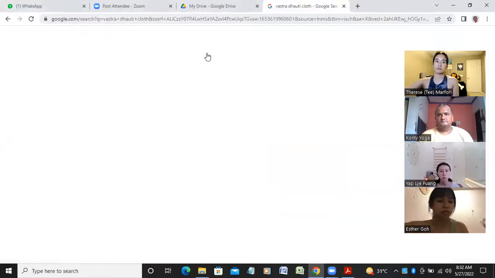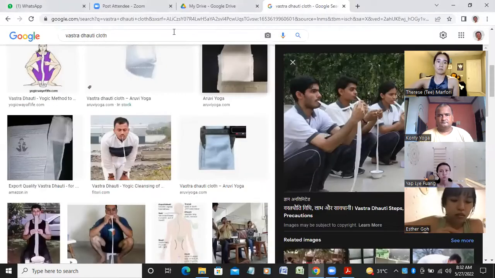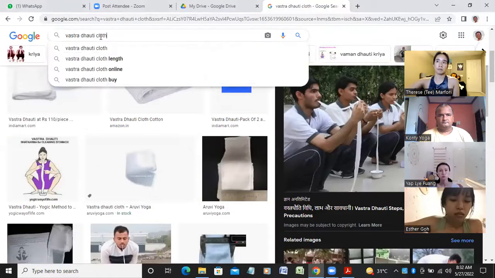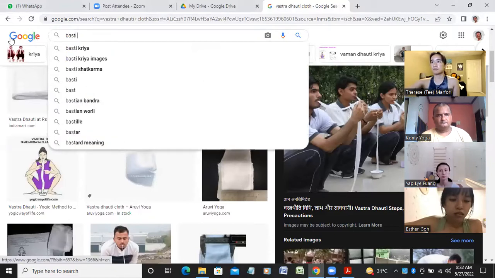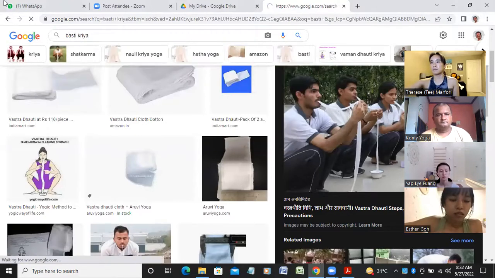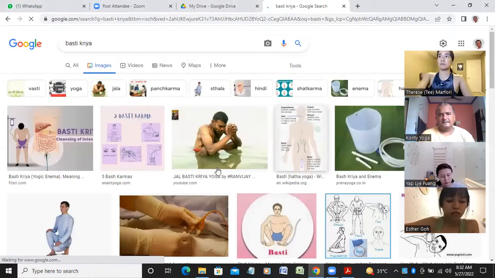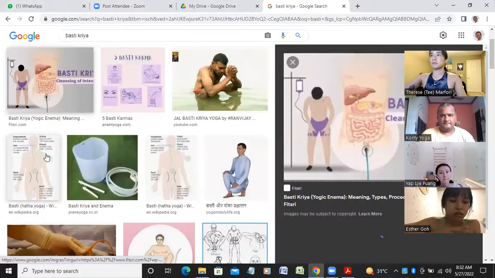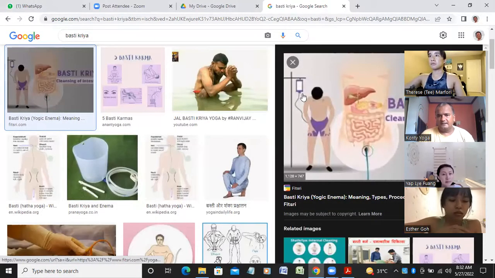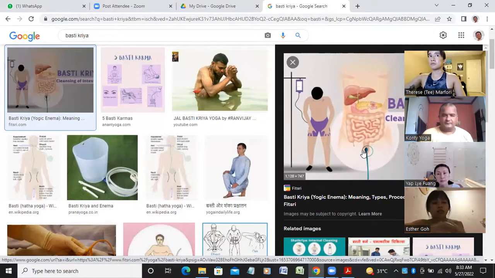Let me check if I can show you. Yes, you can do it in the river also. And here, see, the doctor will put the oil into your anus. See the rubber tube. Can you see this image?